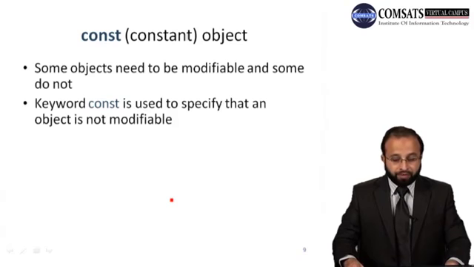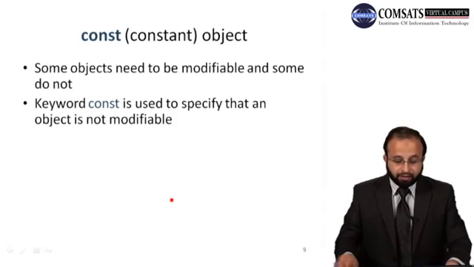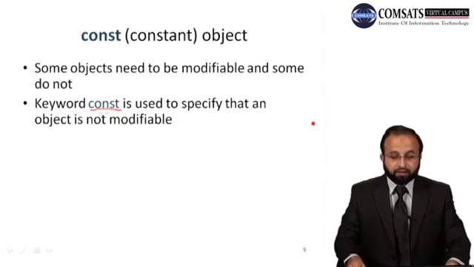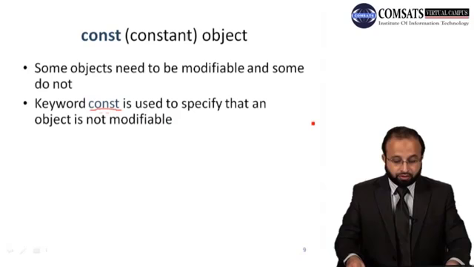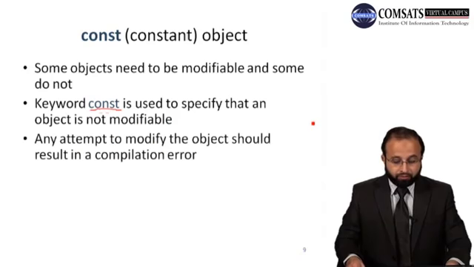If the object is constant, then it is not possible to change the value of the private data member of that object. We use the same keyword that we have used for a simple variable to make it constant: const. Any attempt to modify a constant object should result in a compilation error.